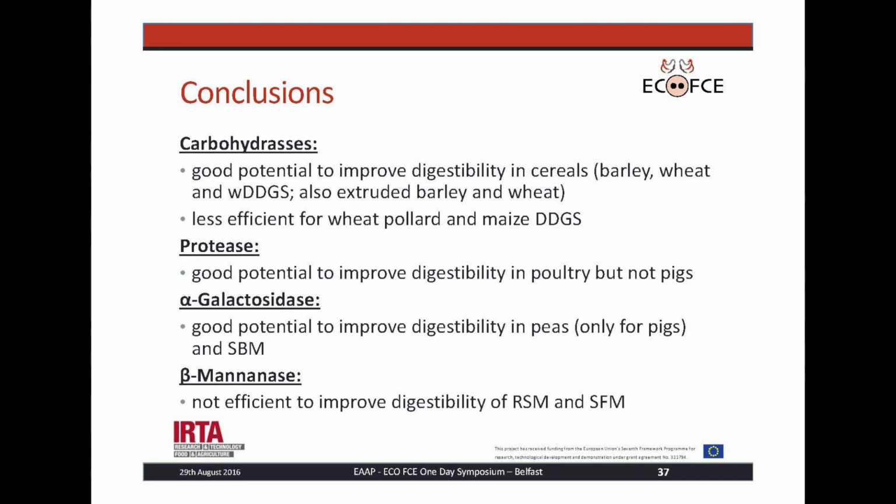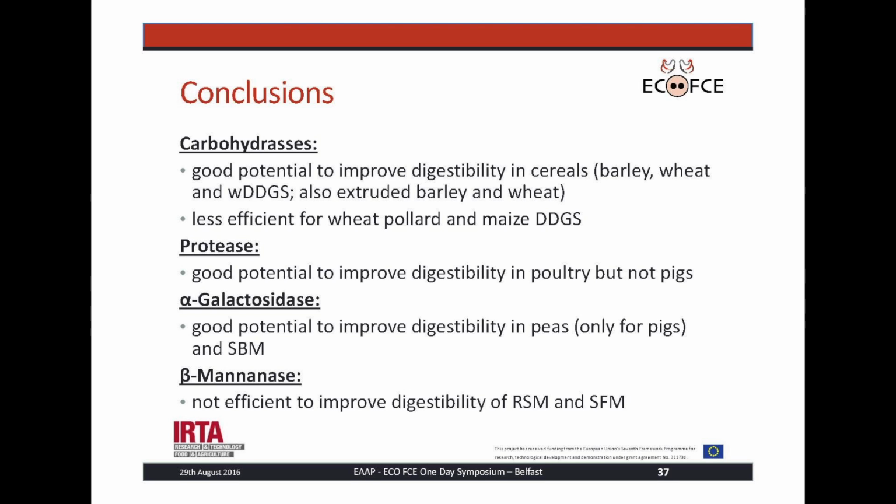And that's all. Just to conclude, we've seen that the carbohydrases, the xylanase and beta-glucanase, are quite efficient to improve digestibility in the cereals, mainly wheat and barley, and also with wheat, the DDGS.